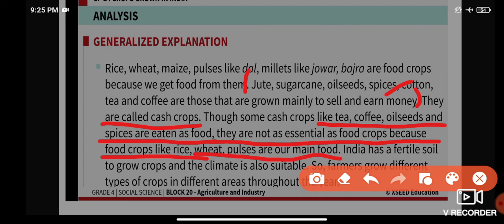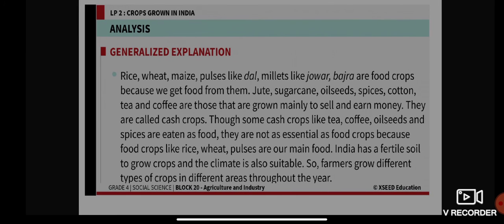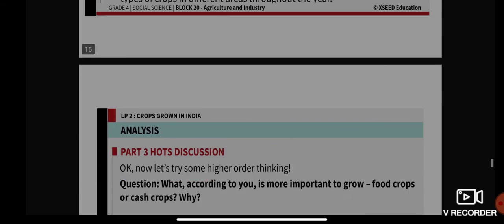India has fertile soil to grow crops, and the climate is also very suitable. So farmers grow different types of crops in different areas throughout the year.